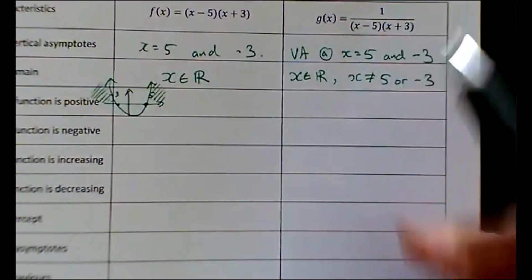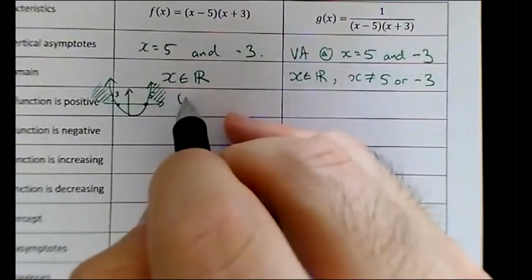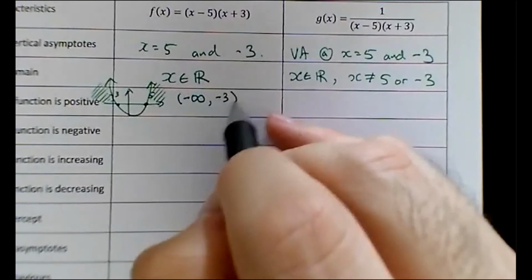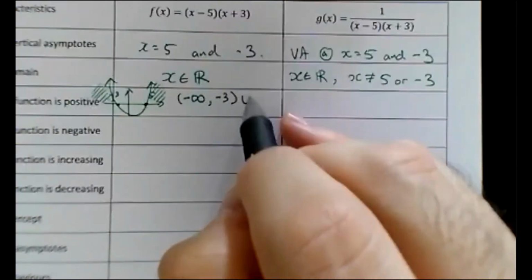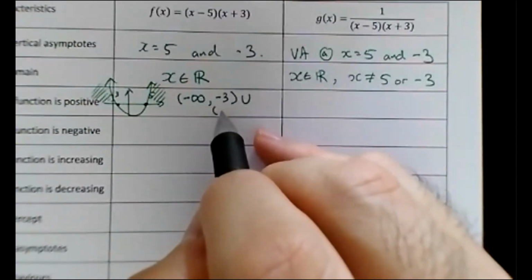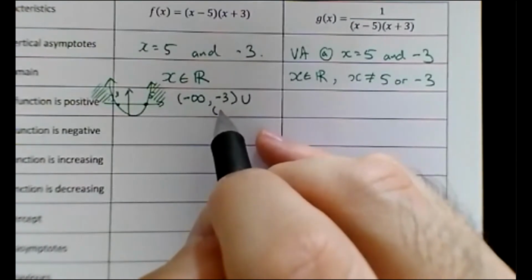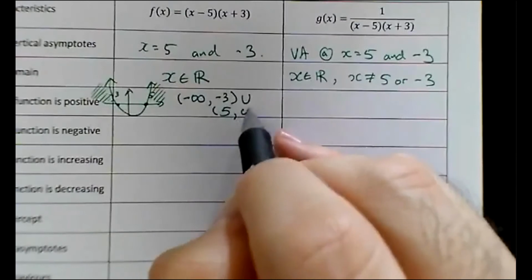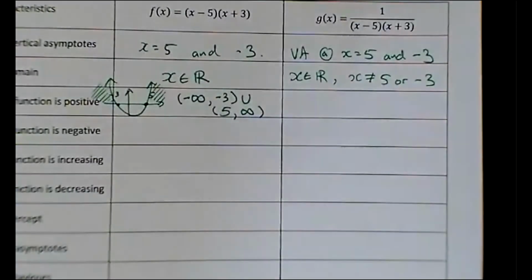So I'm going to write it out as it will be positive from -∞ to -3, and just because it's positive, we're not making it equal to 0. So 5 to infinity.